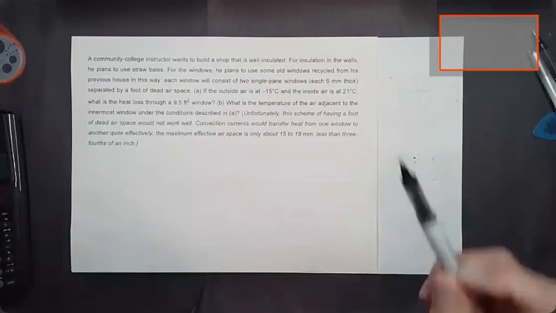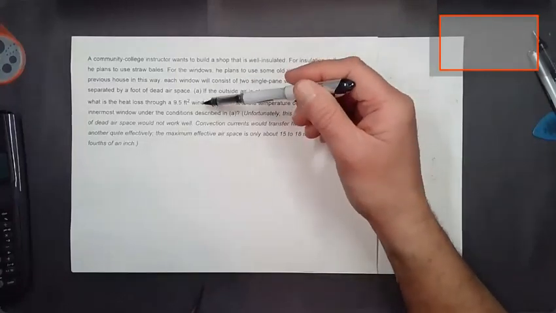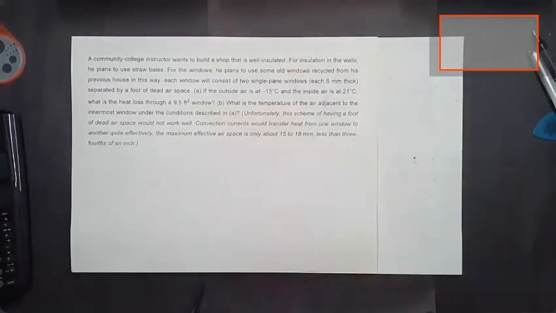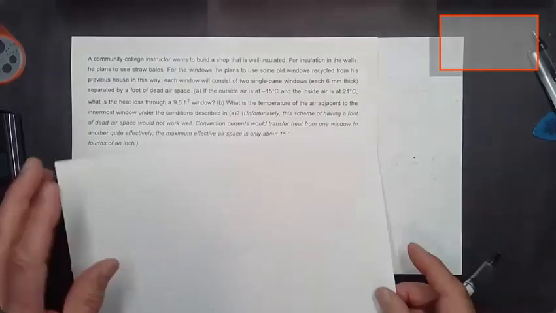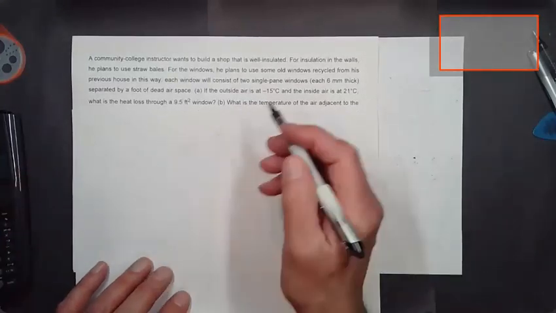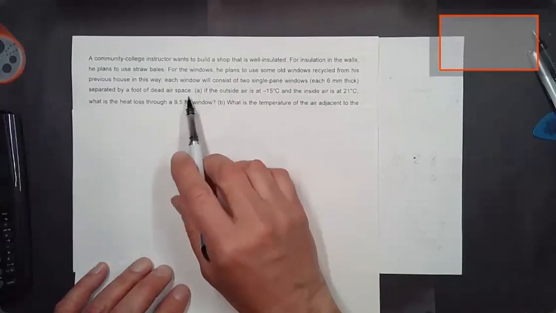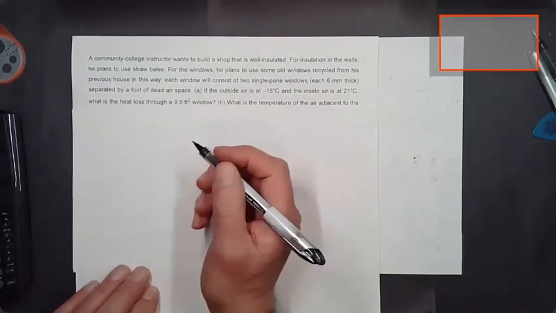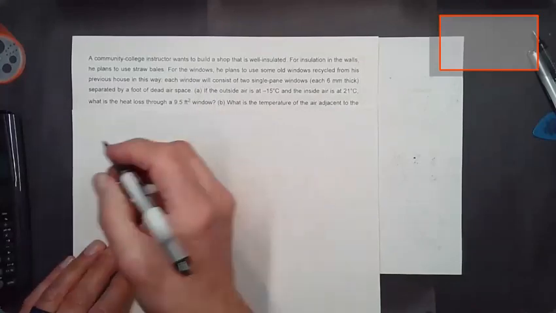Okay. Anyway, what's the heat loss through a 9-square-foot window? So I think the first thing I'll do is some unit conversion to figure this out. For one thing, 1 foot, if it's a foot of dead air space, and let's just assume we have two significant figures on this.